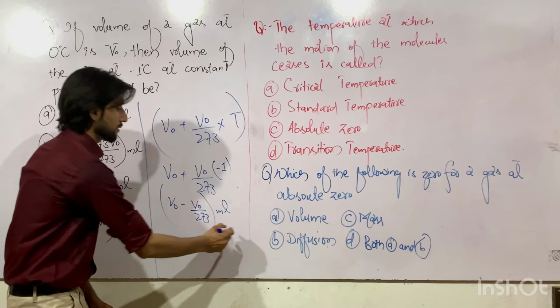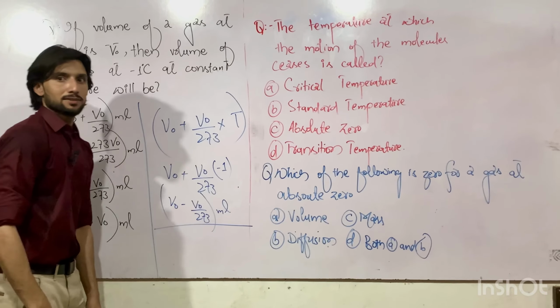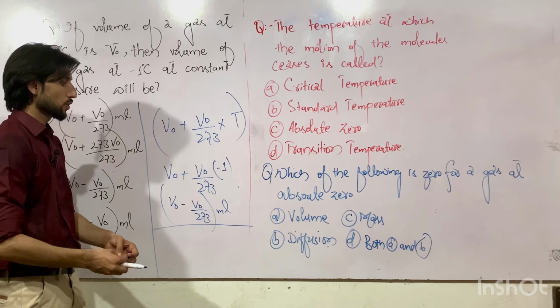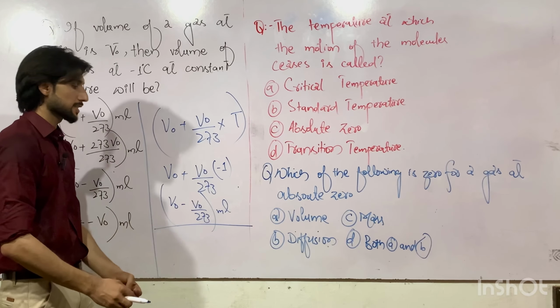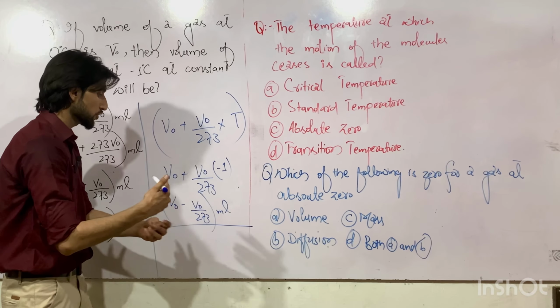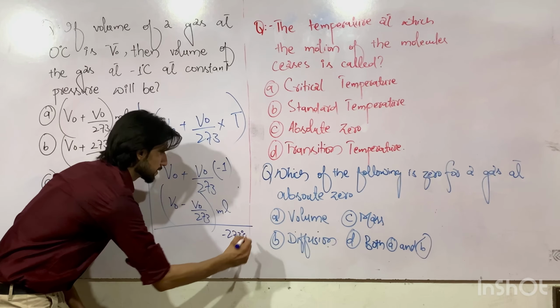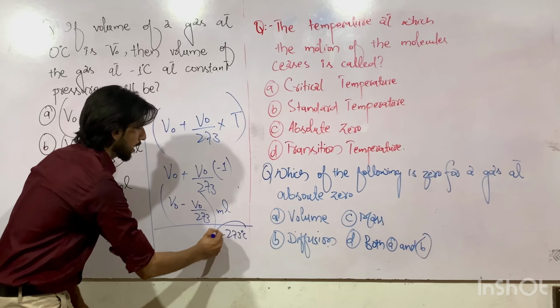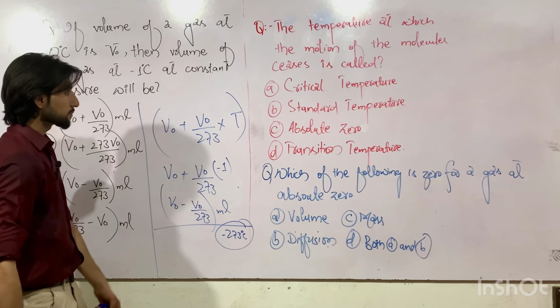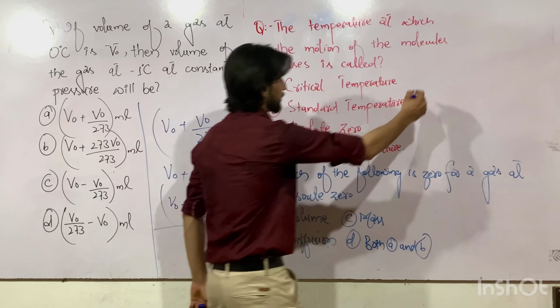Now, suppose I were to change the temperature to minus 273 degrees Celsius. How will this change the equation?